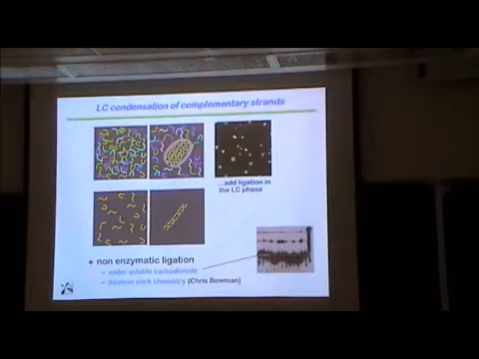So the liquid crystal ordering is like a gatekeeper. It selects oligomers that can make duplexes and lets those in. And then it promotes a structure where ligation is accelerated.